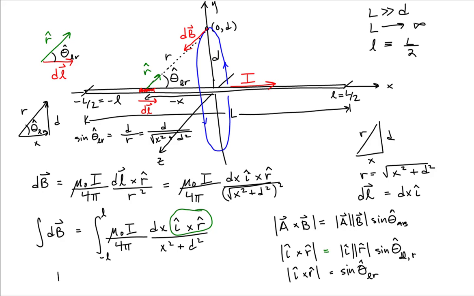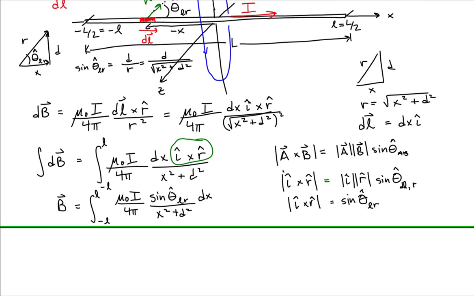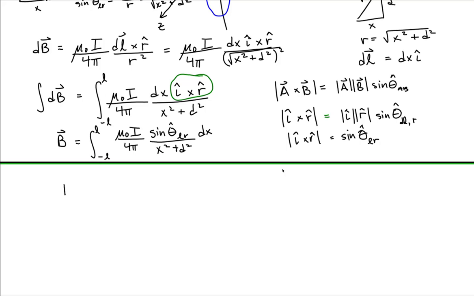So this means that we could write the magnetic field as the integral from minus L to L of mu naught I over 4 pi times the sine of the angle between L and R over x squared plus d squared, and we have the dx right here. So then the magnetic field is equal to the integral from minus L to L of mu naught I over 4 pi.